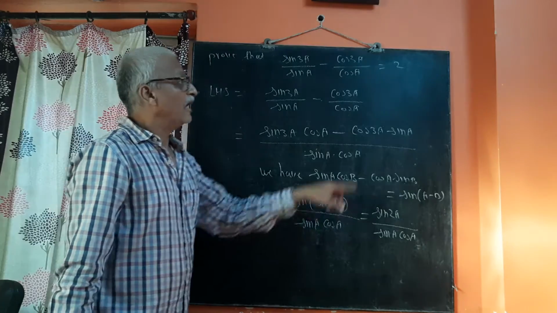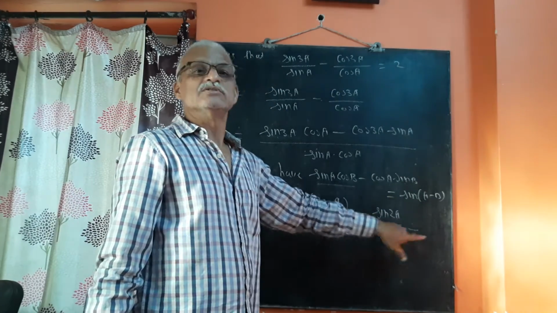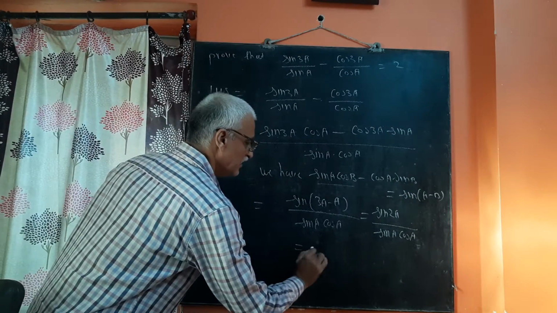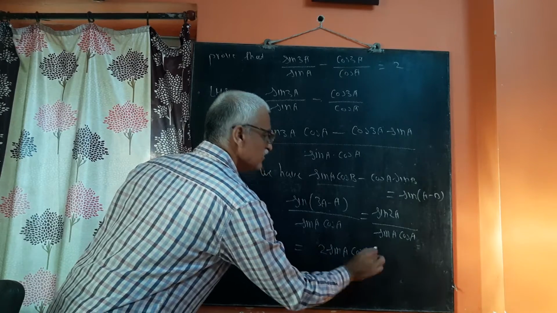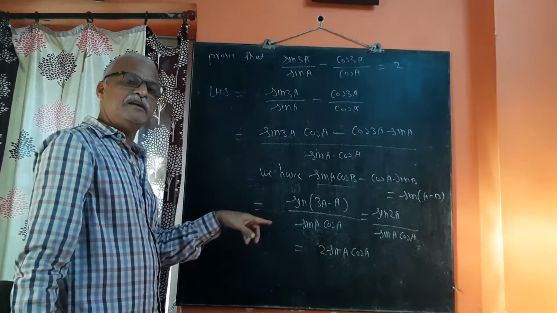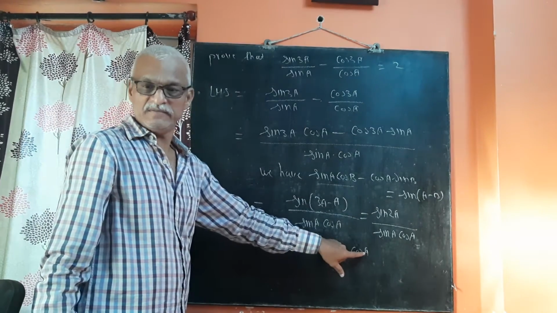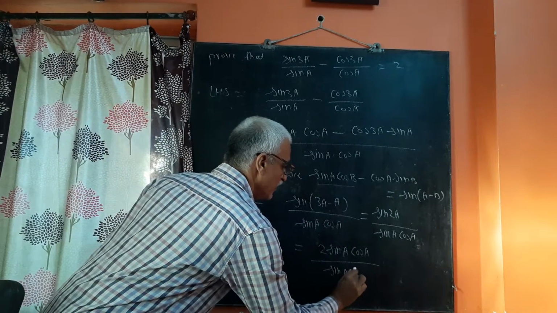Now, our requirement is 2. Here it is sin 2a, here it is sin a and cos a. So now you have to apply the formula of sin 2a. The formula of sin 2a is 2 sin a into cos a, the first formula under the heading of multiple angles. So sin 2a is equal to 2 sin a into cos a divided by sin a into cos a.